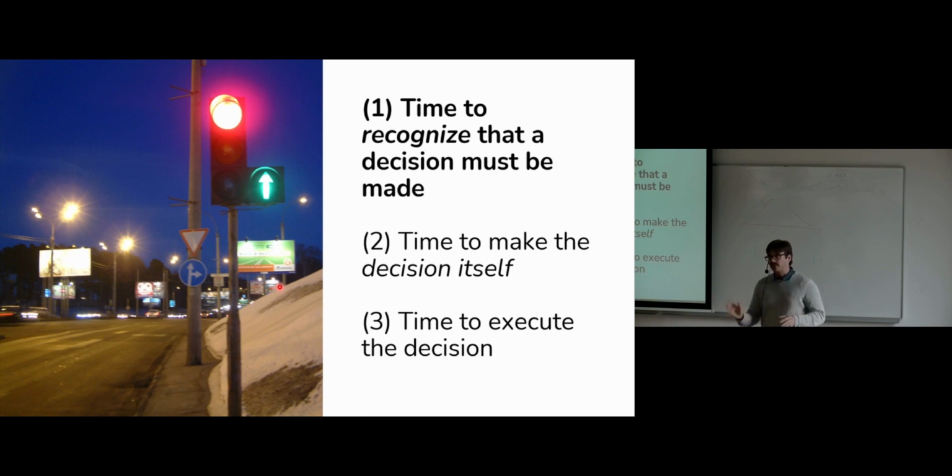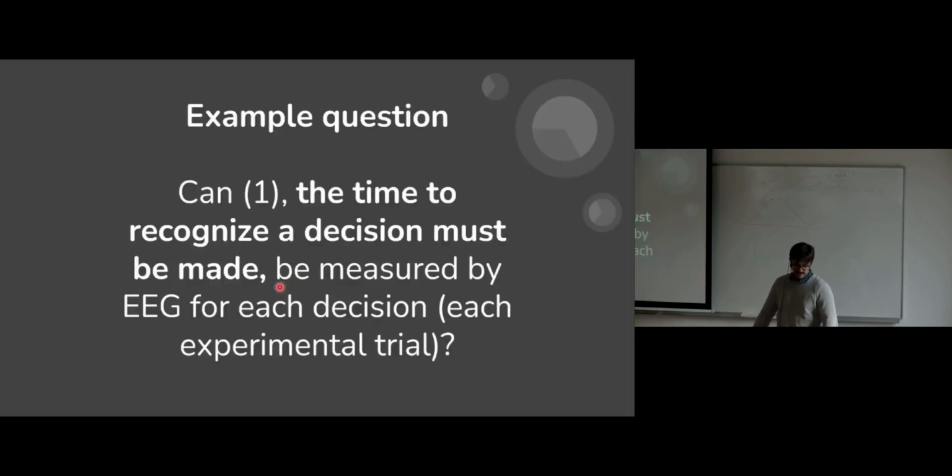There's some evidence that it should be around 150 milliseconds. I'm not going to talk about that, but I have an example slide. The question is, with EEG, can we actually measure that period of time before a decision starts?